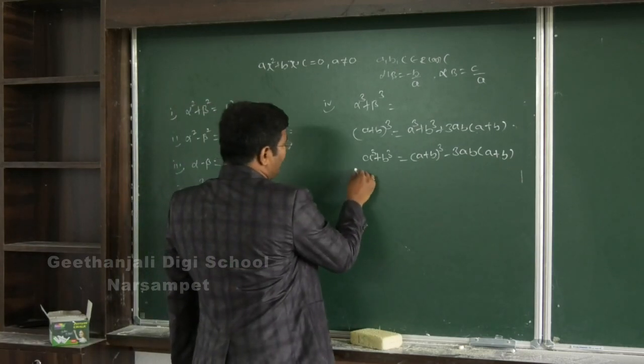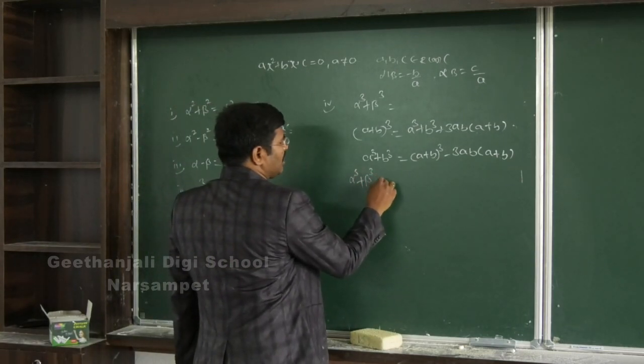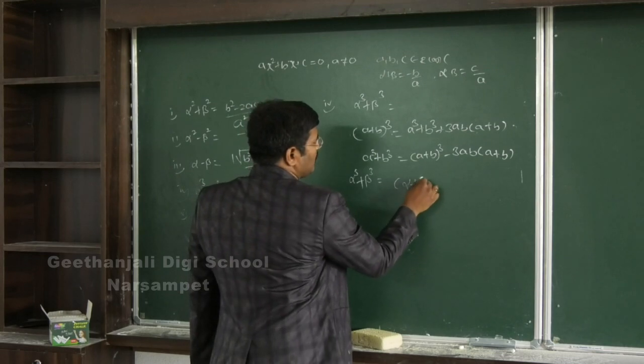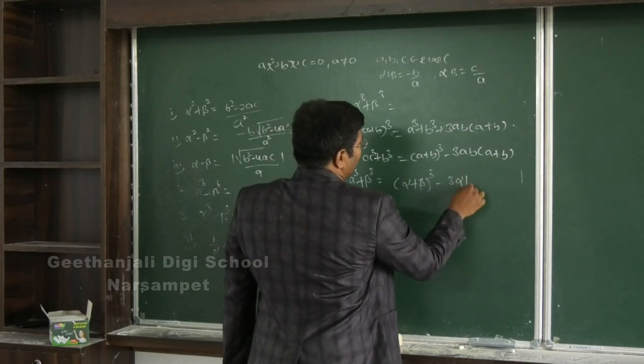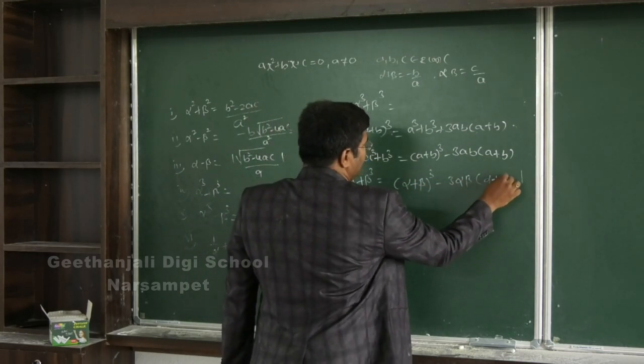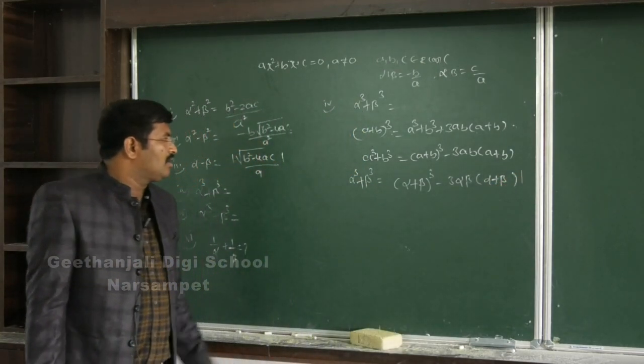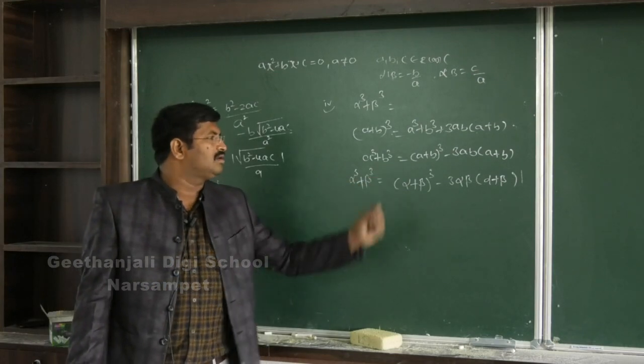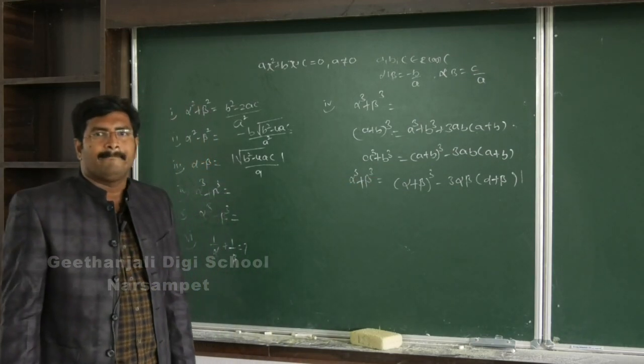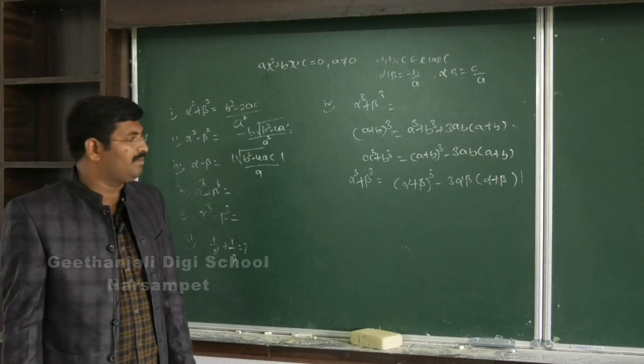Now in the same way, alpha cube plus beta cube is equal to alpha plus beta whole cube minus 3 alpha beta of alpha plus beta.